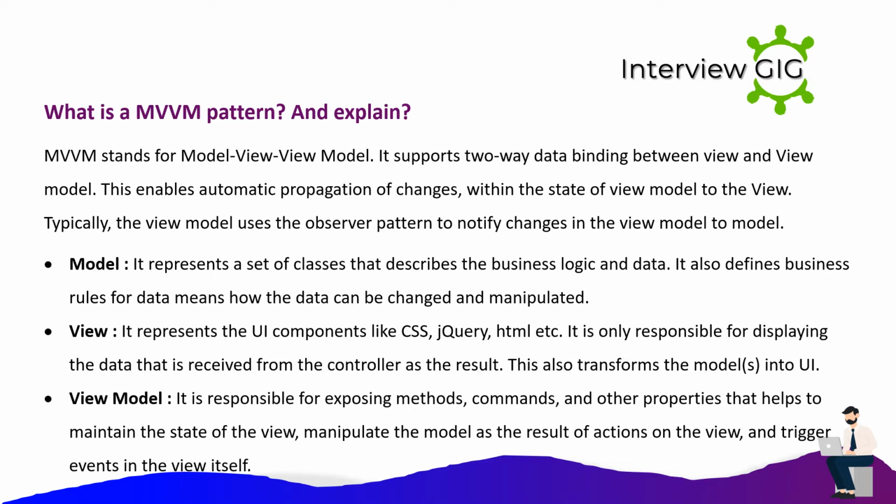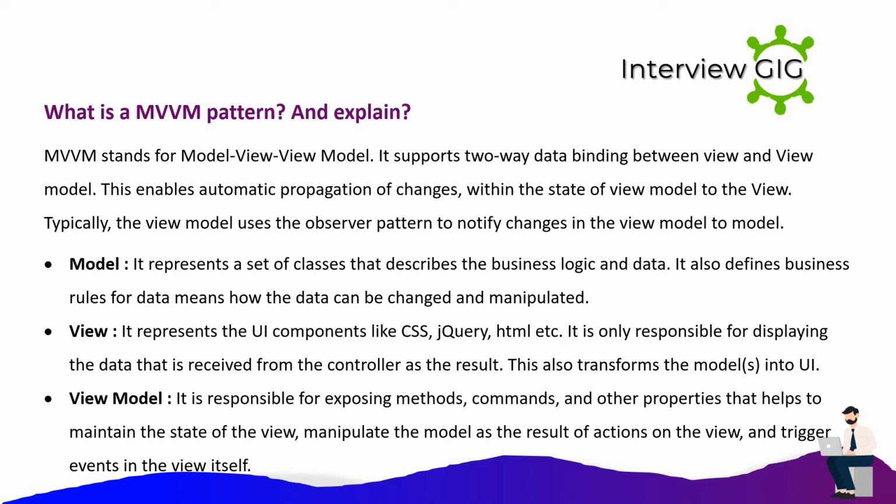Model. It represents a set of classes that describes the business logic and data. It also defines business rules for data, meaning how the data can be changed and manipulated. View. It represents the UI components like CSS, jQuery, HTML, etc. It is only responsible for displaying the data that is received from the controller as the result.